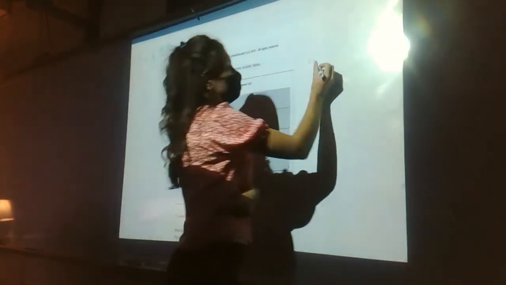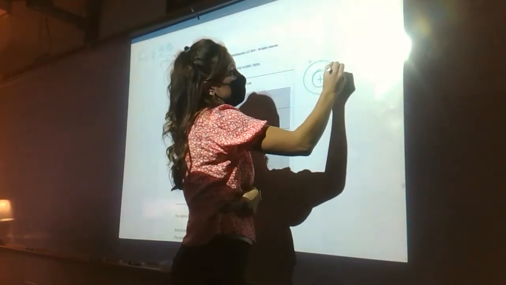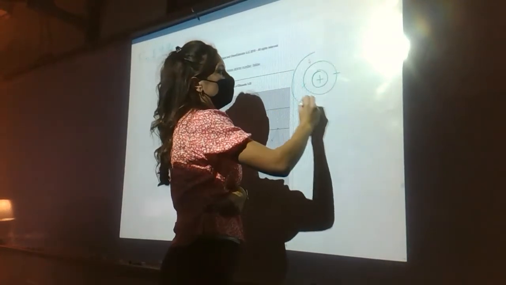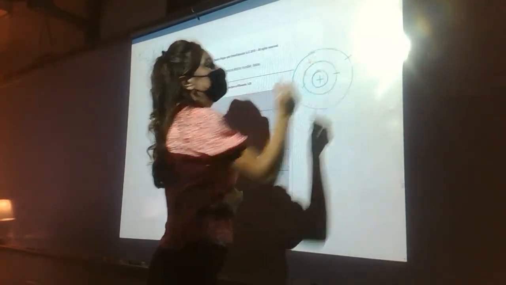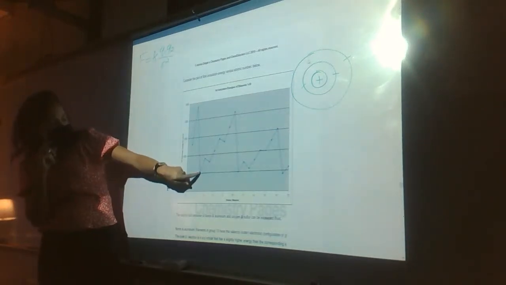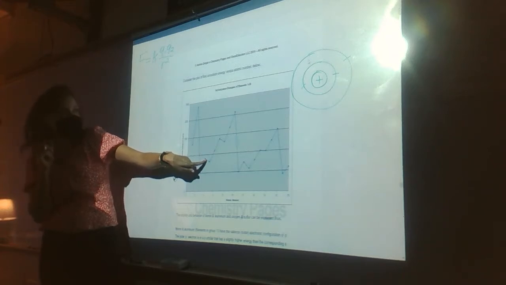So right now, we have our nucleus. We had hydrogen in the middle. Helium was very high. Now we're at lithium. And then it goes up a little bit from lithium to beryllium. Why did it go up? What changed?